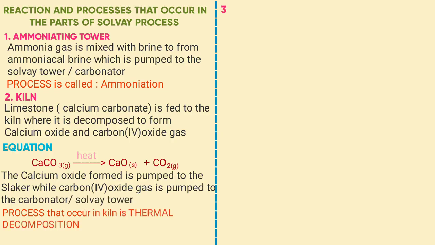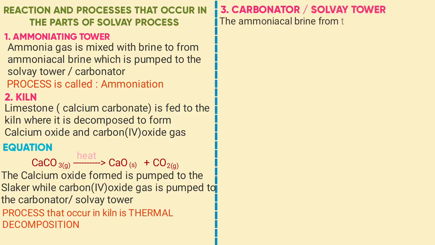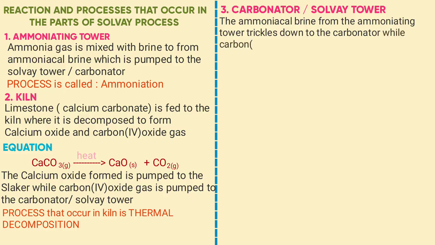Part number 3, carbonator or Solvay tower. The ammoniacal brine from the ammoniating tower trickles down the carbonator, while the carbon dioxide from the kiln is pumped from the base. We have two reactions that occur simultaneously.